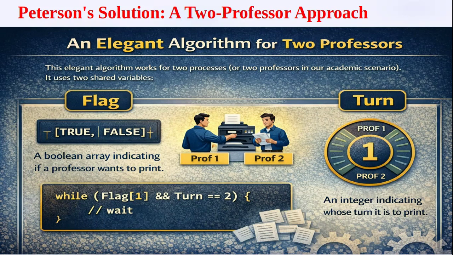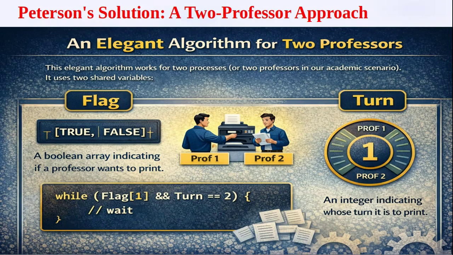Both processes communicate their intention, they respect each other's turn, and only one enters at a time. Each process says, I want to enter, then it gives a chance to the other. If the other is also interested, one waits. If not, then it enters.